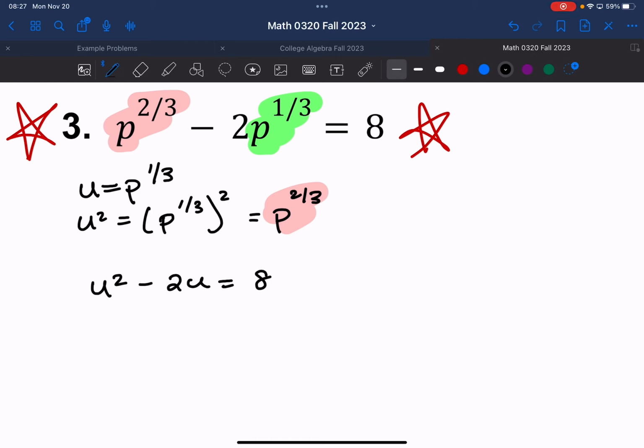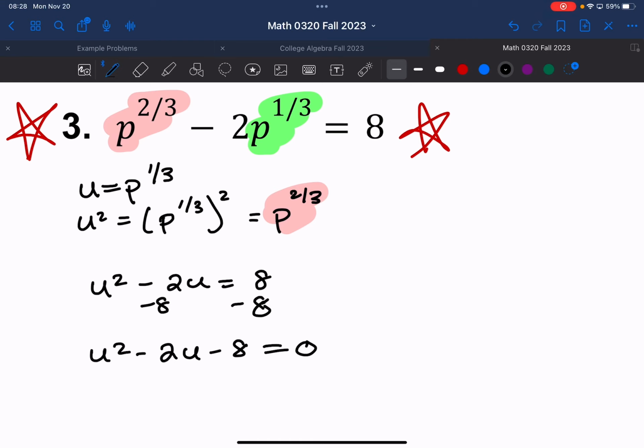Okay. For these ones, I had to create my u and my u squared because it wasn't as obvious as the first two that we did. Now, before we start factoring this, what do we notice about this equation that we got? It's not set to 0. It's not set to 0, so we're going to subtract 8 over, and we have u squared minus 2u minus 8 equals 0.